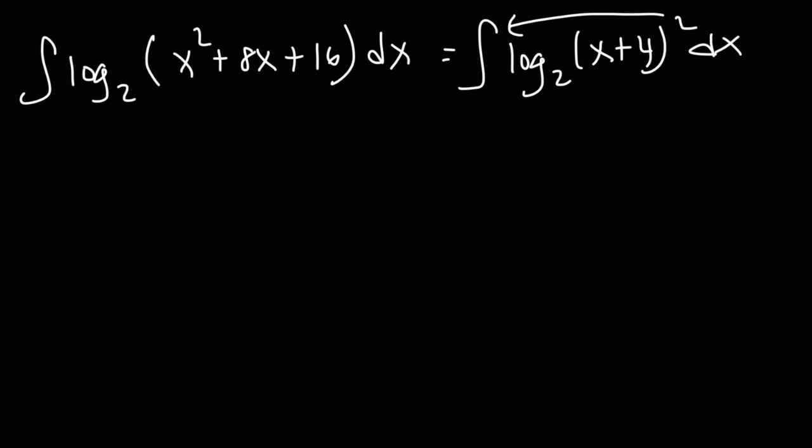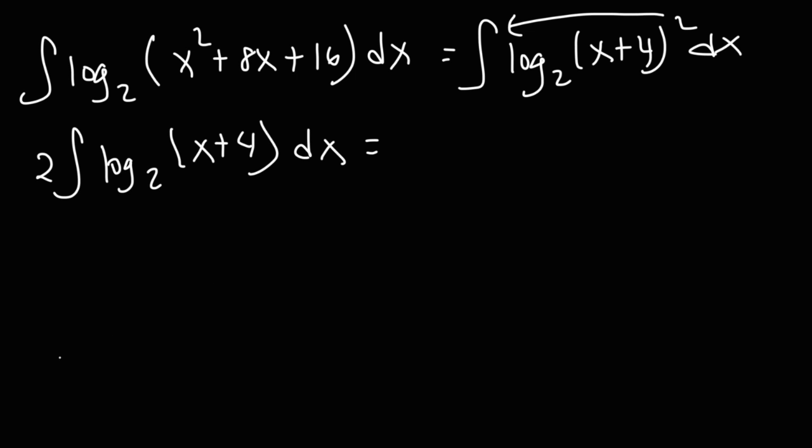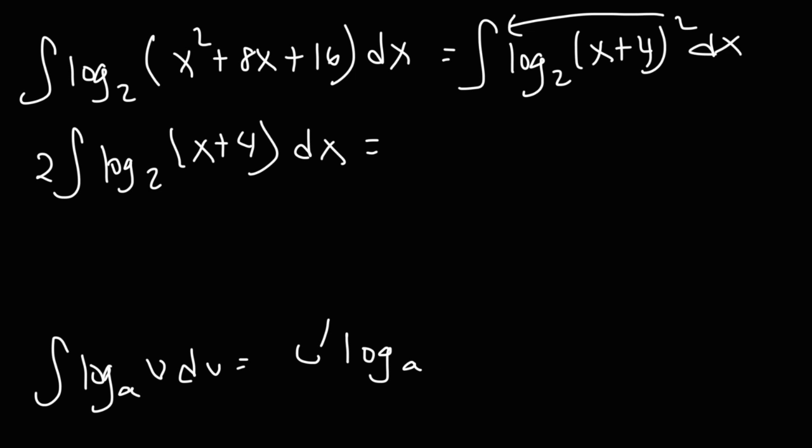So now you can move the 2 to the front. So it's 2 times the integral of log base 2 of (x + 4). And then using the formula, I should have kept it. It's u log base a of u over e, divided by u prime. I said u prime at first, but this should be u.